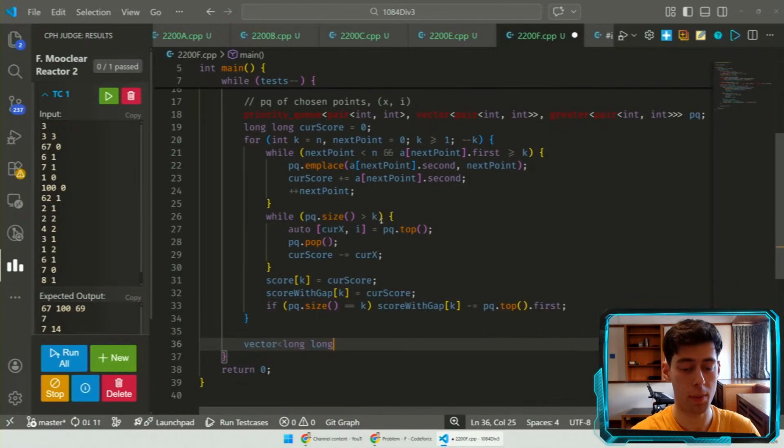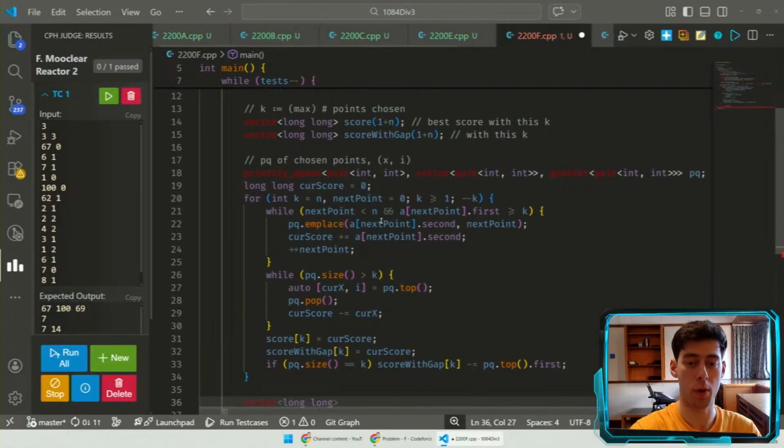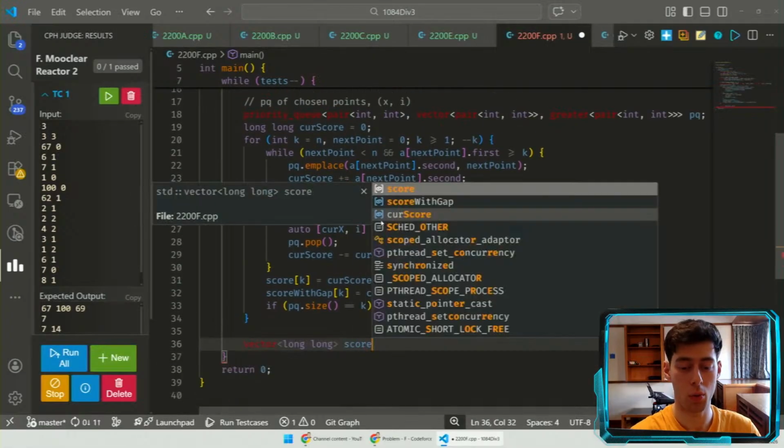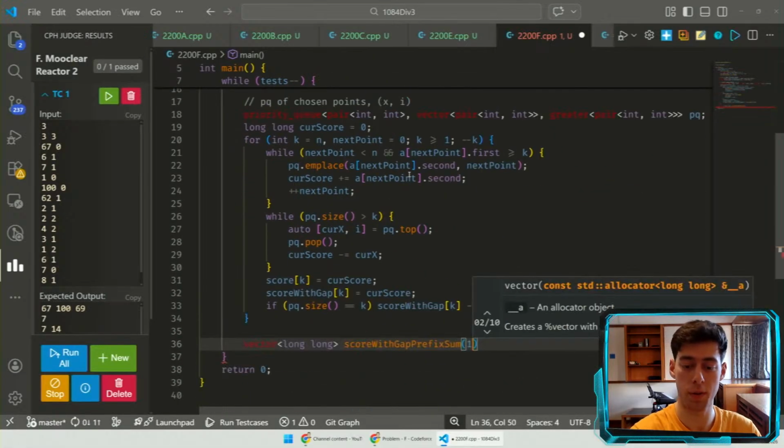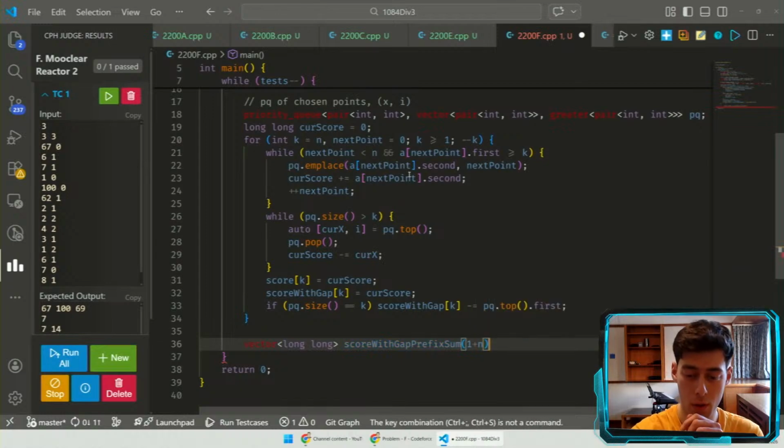Just one more step of preparation. Score with gap prefix sum. It's the longest variable name I'm going to use.